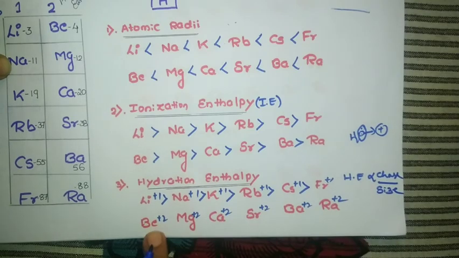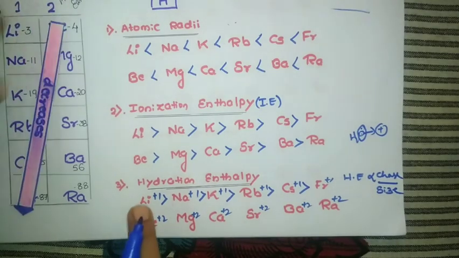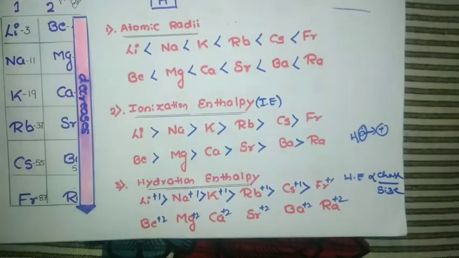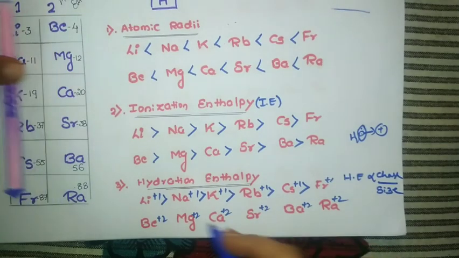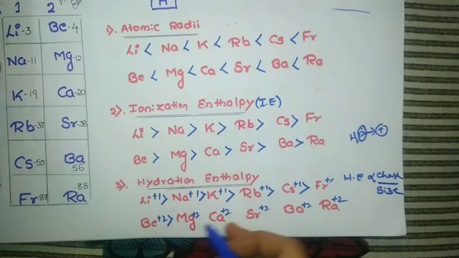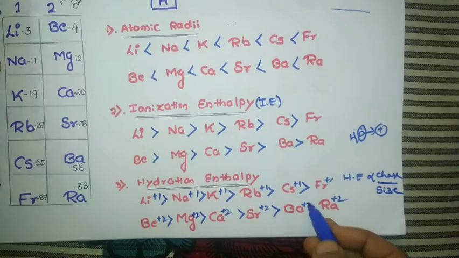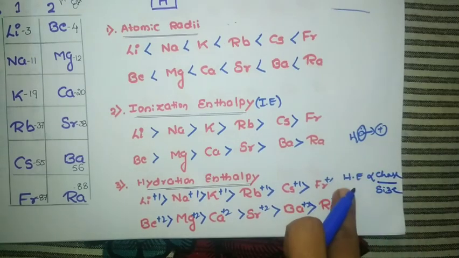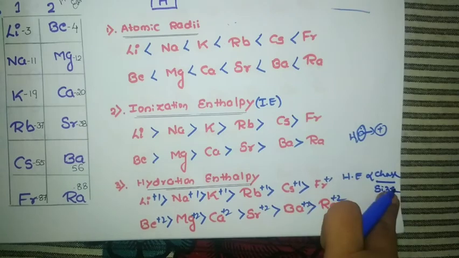Similarly for group 2, the same trend: as we go down the group, the hydration enthalpy decreases because the size increases. Among these elements, beryllium has the highest hydration enthalpy, followed by magnesium, calcium, strontium, barium and radium, because hydration enthalpy and size are inversely proportional.